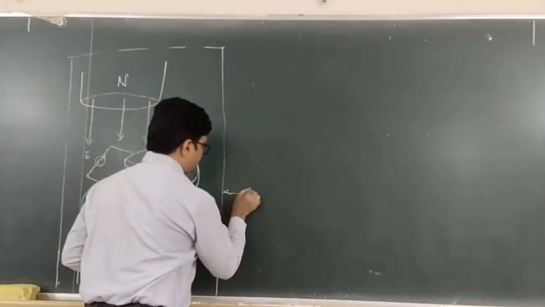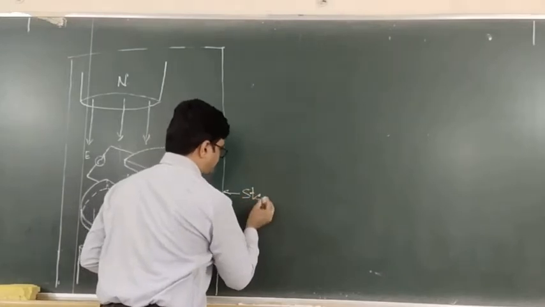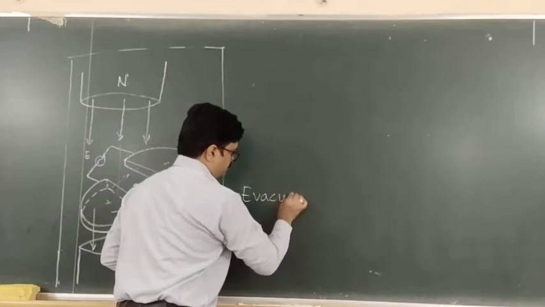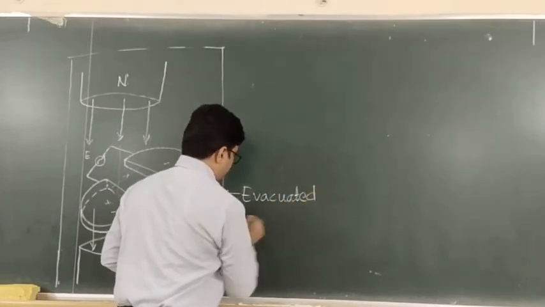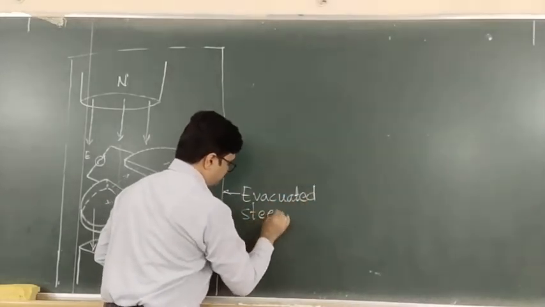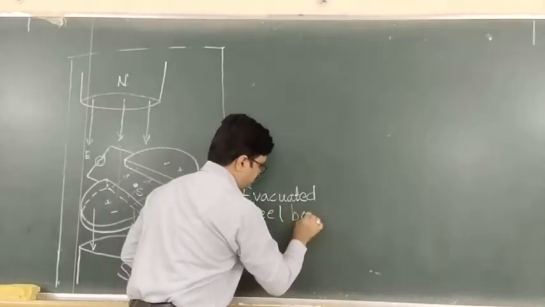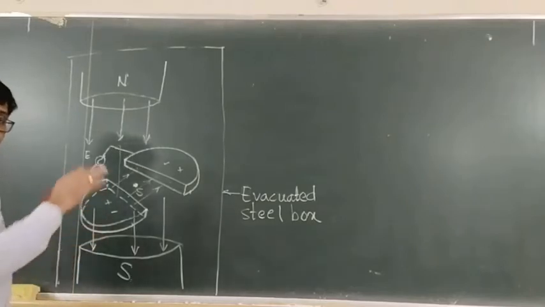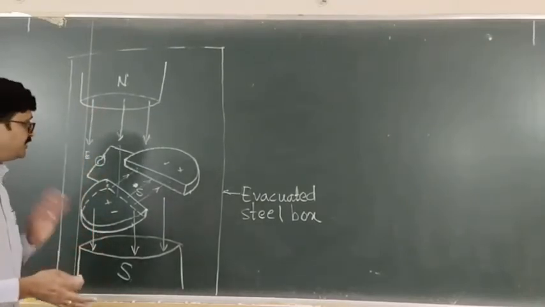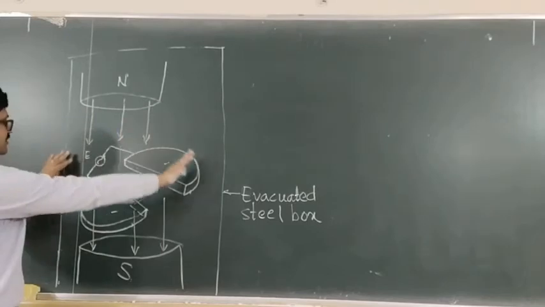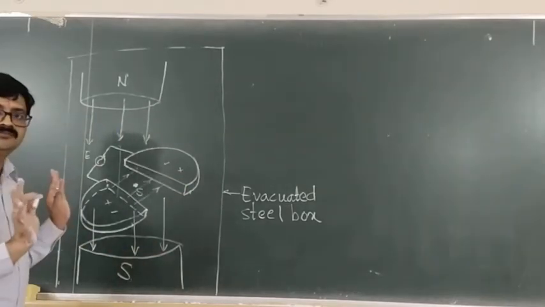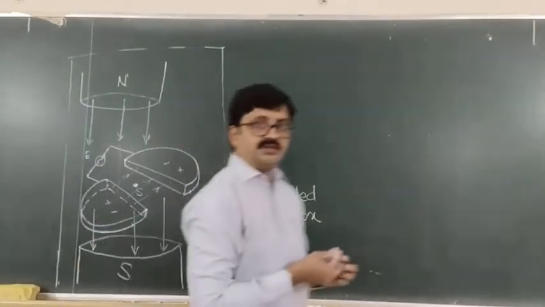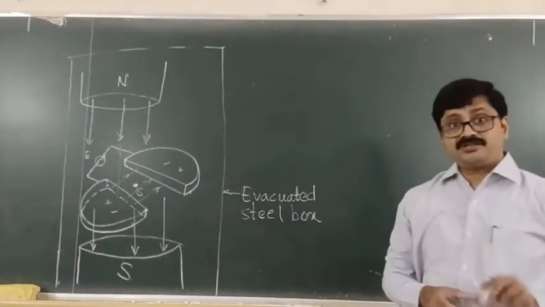This is a steel box, an evacuated steel box, a cubicle-shaped box, so that this entire arrangement is never seen. So this is how a cyclotron construction can be understood. I hope it is clear to you.